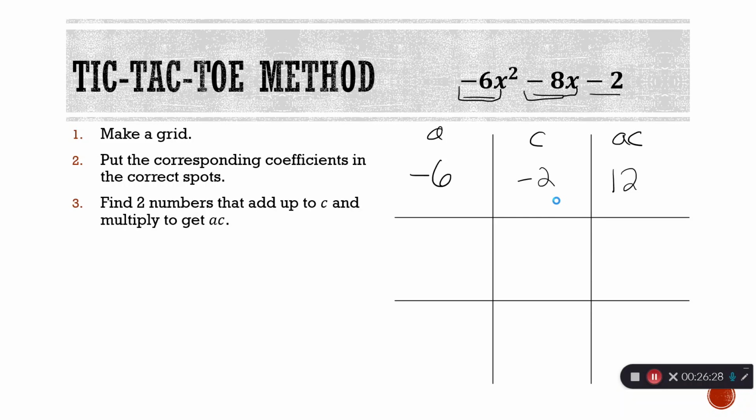Now in these two spots right here, we're going to find two numbers that add up to b and multiply to get ac. AC is positive, which means we're going to need two of the same sign. Sorry.